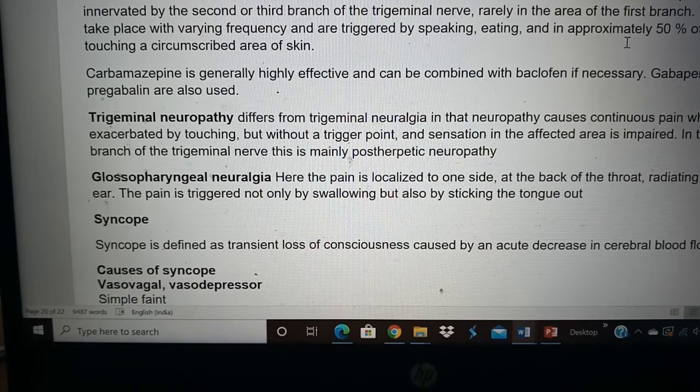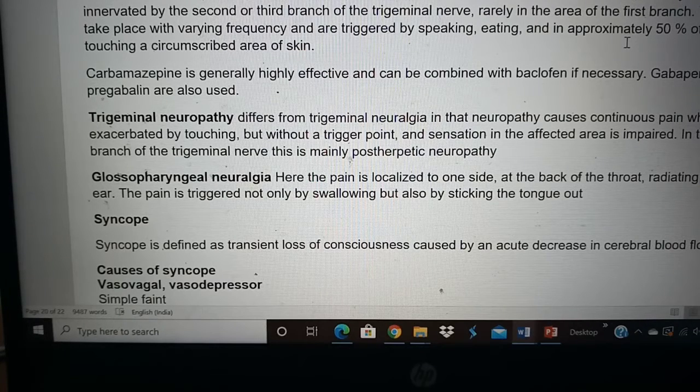Loss of sensation in the affected area can be present in trigeminal neuropathy, whereas in trigeminal neuralgia, sensory loss is not present. The reason for trigeminal neuropathy is usually post-herpetic. After an attack of herpes, the person can suffer from post-herpetic neuropathy.